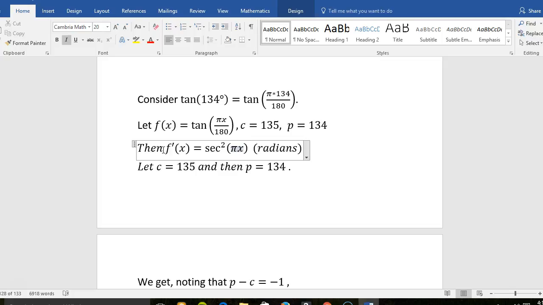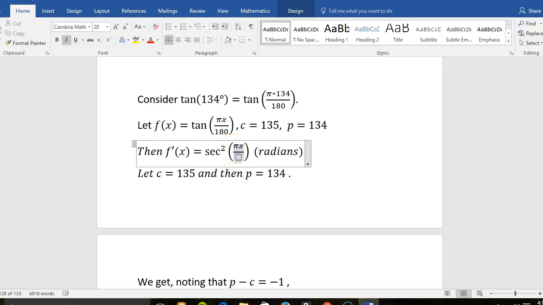So if f of x is tan of this, so f prime of x, we do the chain rule. If you derivate the tan part, you just get the secant squared. And then that's my 180s down there. But then by the chain rule, guys, remember, this is the secant squared of u, and then you got to derivate u, this fraction inside here, with respect to x.